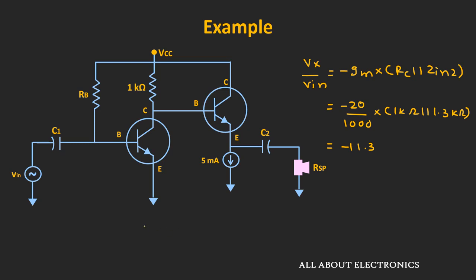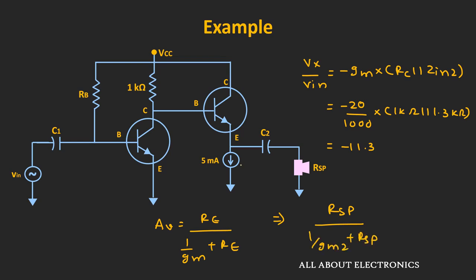So we know that the gain of the emitter follower is of the form Re divided by 1 divided by Gm plus Re. So in this case, it would be equal to RSP divided by 1 divided by Gm2 plus RSP. Because as I said, this current source will act as an open circuit.